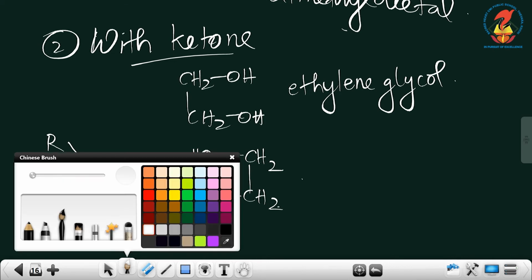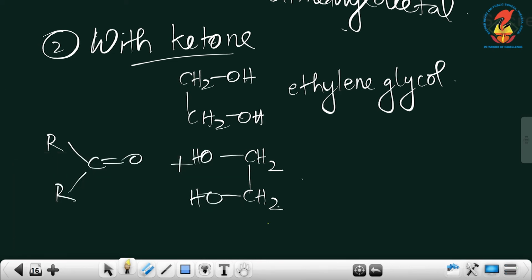Now here what is the elimination reaction taking place? Here they will be reacting with each other by the elimination of water. How can it eliminate water from this? One hydrogen from here, one hydrogen from here and one oxygen from here. Now see how to draw the structure of the product.